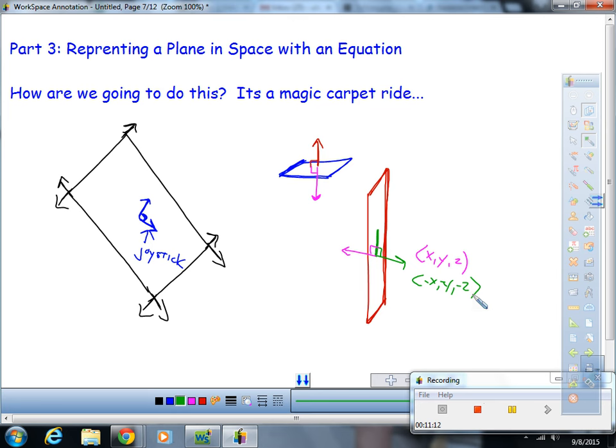We are going to define our plane by a vector orthogonal to it, okay, and a point in the plane. So let me explain this to you the best I possibly can.